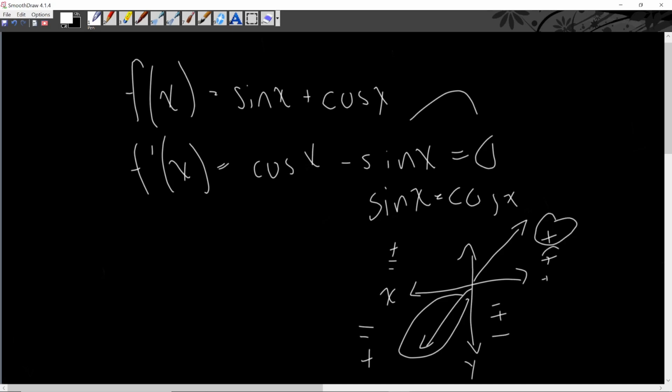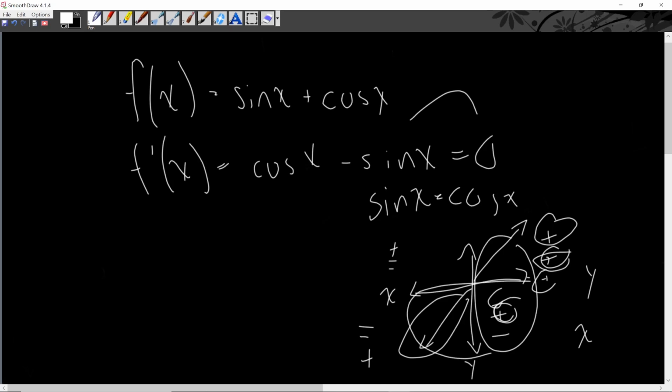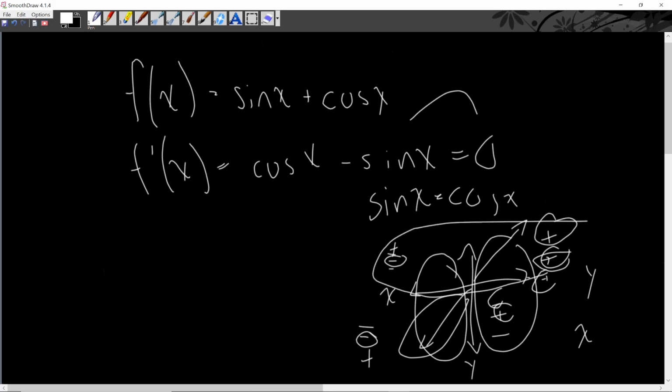Those are just the signs for sine, cosine, and tangent, because sine corresponds to y, and then cosine corresponds to x. So everything on the positive x-axis will be positive, and everything on the negative x-axis, this side, will have negatives for their second values, and then everything in the top half will have a plus, right?